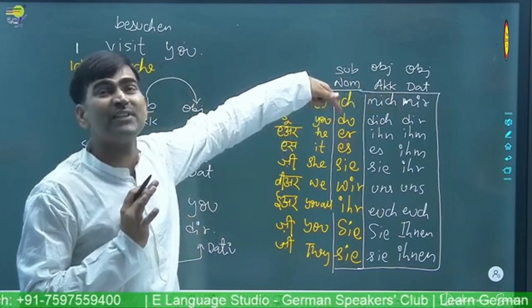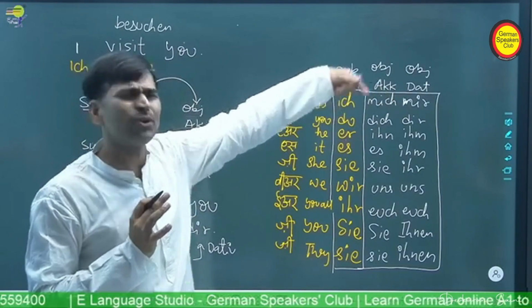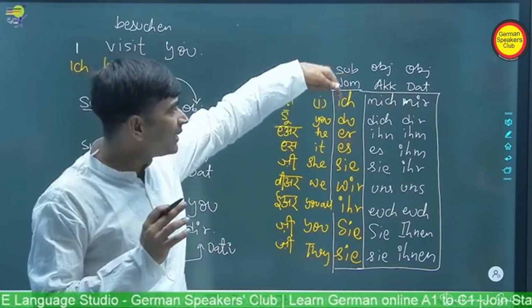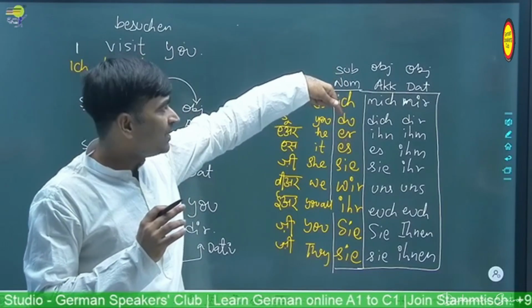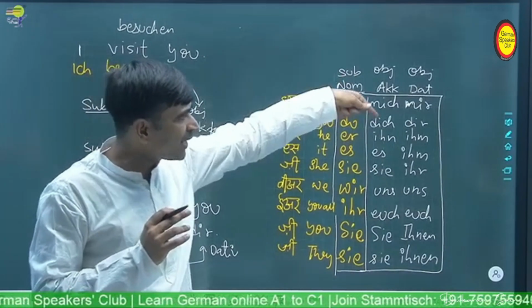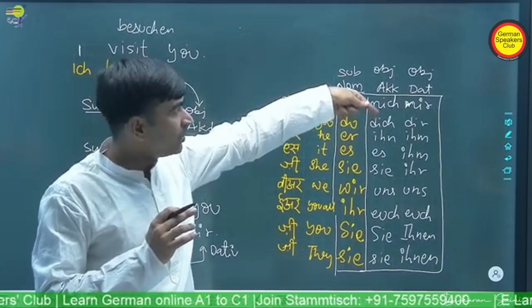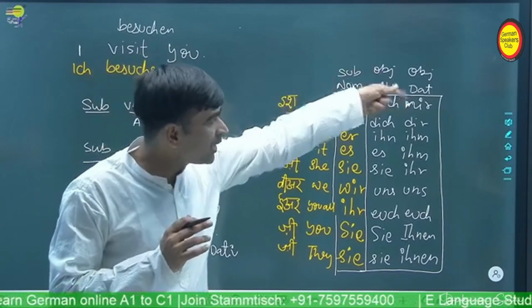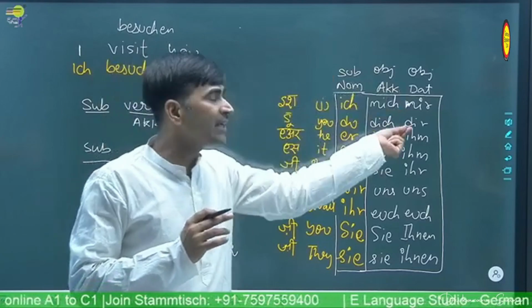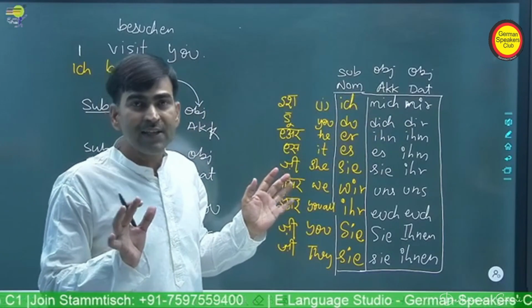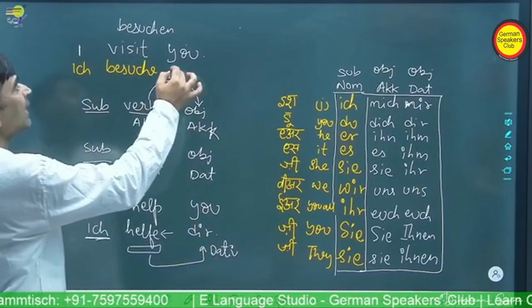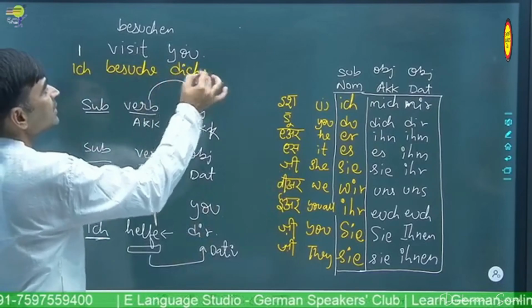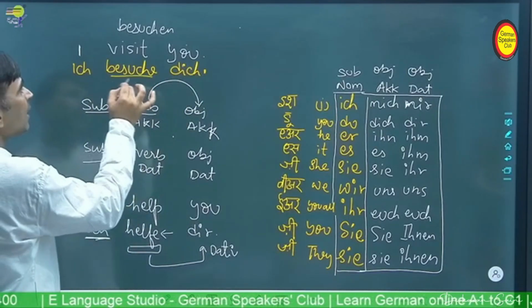And now you have to see the you. Now you have to go to the category of you. And since besuchen is accusative, of course this is you. All the 3 are you: du, dich and dir. But the first du is the subject. This is you are visiting, so this is the doer, the subject.